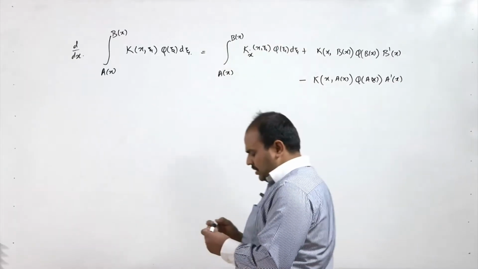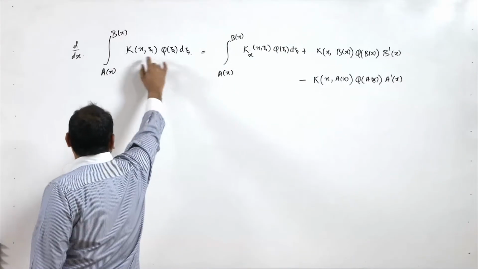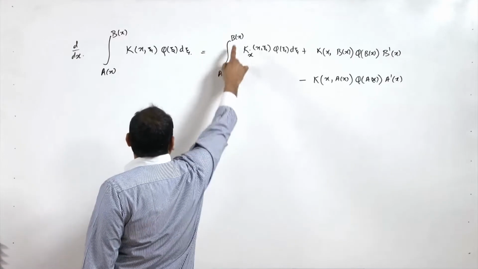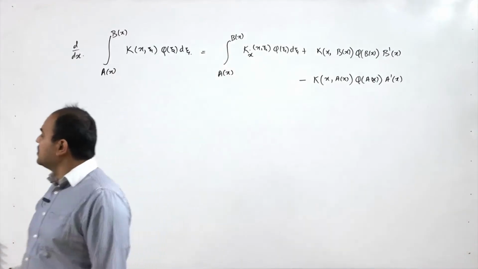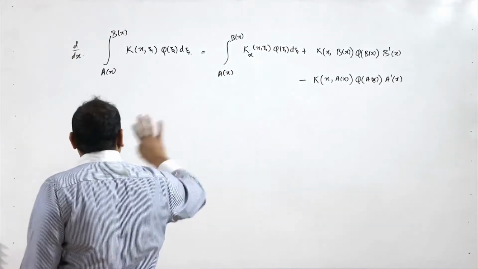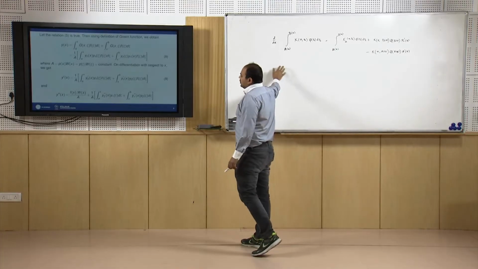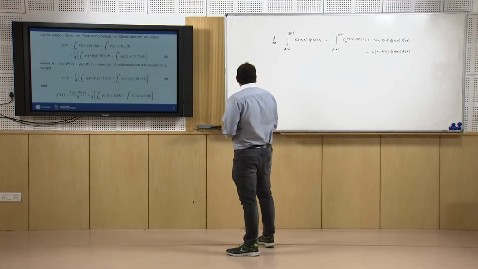Here we are assuming that k(x, xi), phi(xi), and the limits a(x) and b(x) are all continuous functions with respect to x. So this is the formula which we are using to find y dash x.